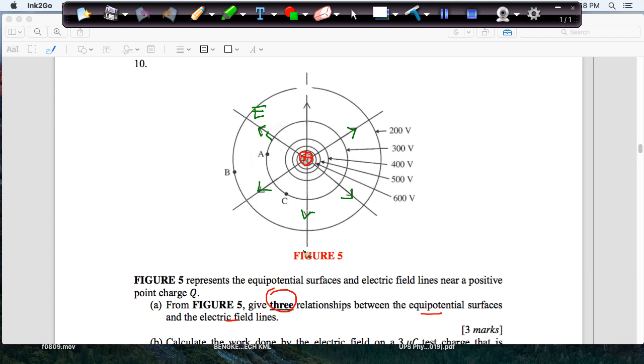If you see figure 5, this is a positive charge Q, and if you look at E at point A and at point B, the magnitude of E at A is greater than E at point B, because A is nearer to the charge Q.